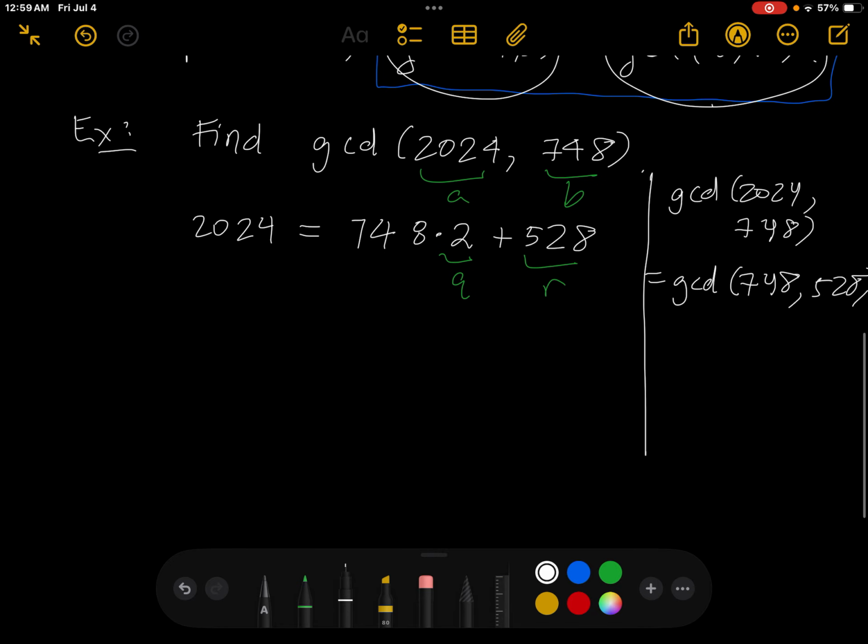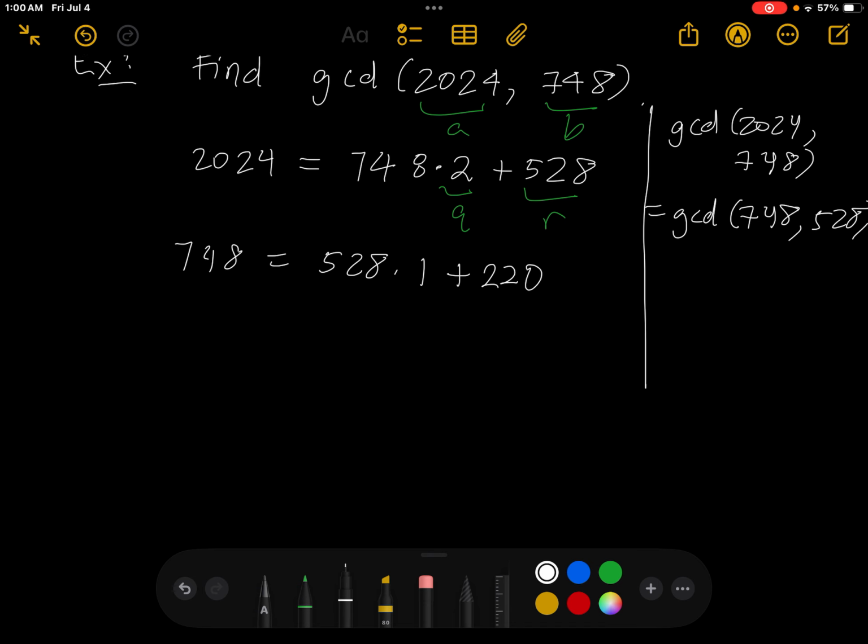So now we do division with remainder again. 748 is equal to 528 times 1 plus 220. So our new a is 748 and our new b is 528 and our new q is 1 and our new r is 220. So this GCD that we're looking for is the same as the GCD of 528 and 220.